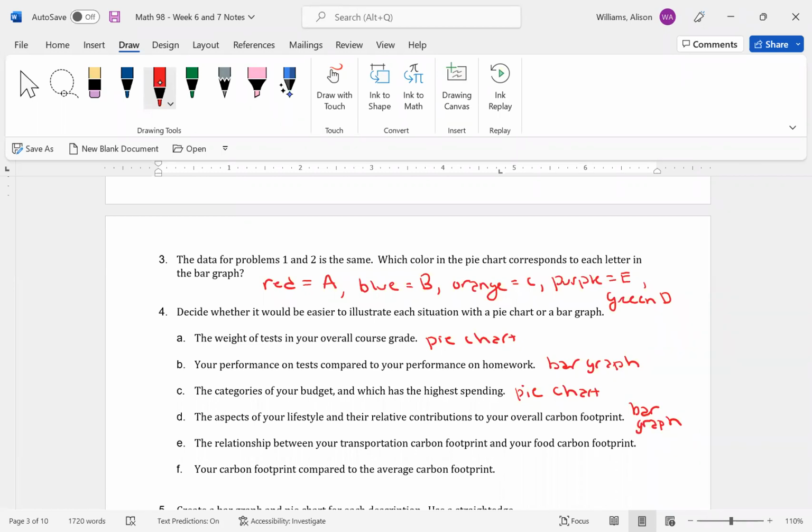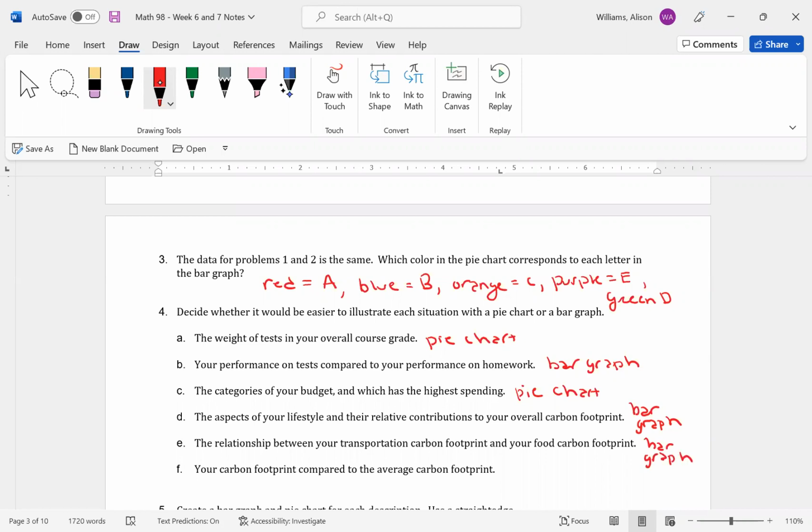One thing we do, like driving our car versus snoring at night, right? Those two things are going to have a different contribution to the environment. And when I compare one to the other on a bar graph, I can see that one is much bigger than the other. The relationship between your transportation carbon footprint and your food carbon footprint. Okay, so again, bar graph.